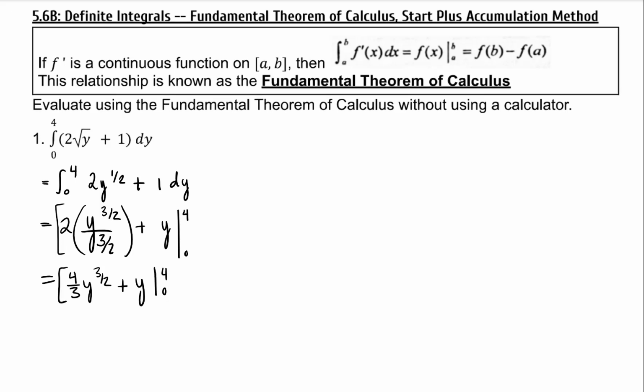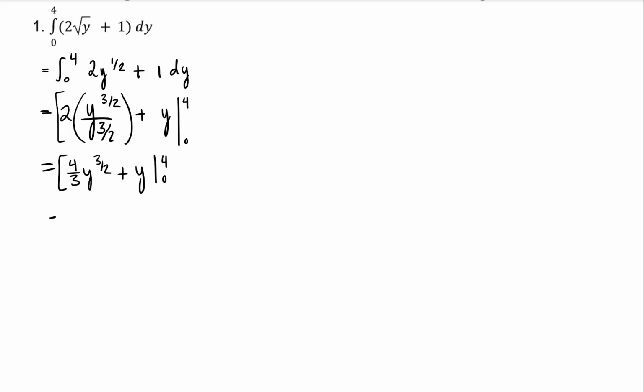In AP, it's very important that they see the subtraction of evaluating from the upper limit and evaluating from the lower limit. What do I mean by that? I can't just stop right here.